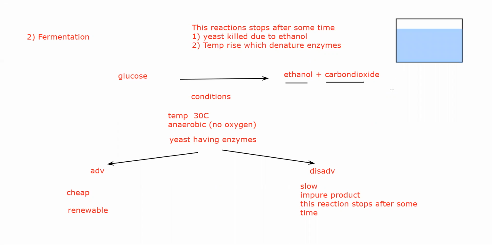Say this sugar solution has a concentration of 3 moles per dm cube, or say 100 moles per dm cube. Practically it's too high, but just for explanation I'm using this number.